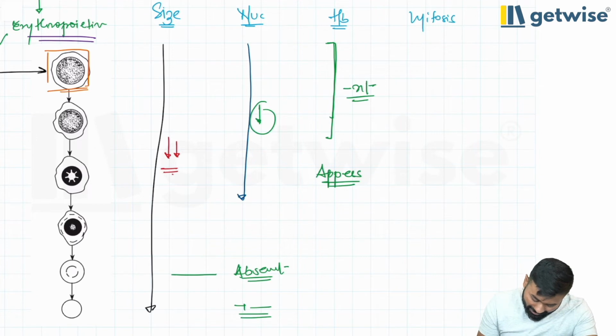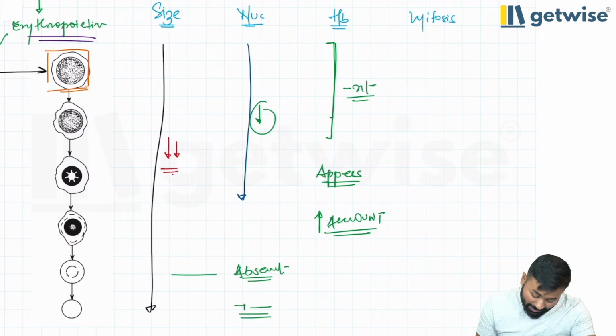Then the amount of hemoglobin increases in late normoblast, and in the reticulocyte stage it attains the mature level of hemoglobin.